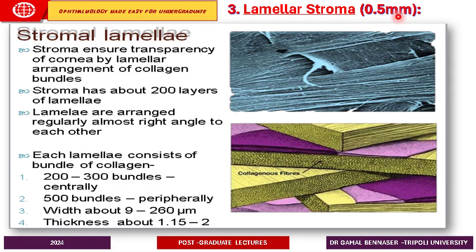And these lamellae of the stroma, which number around 200, are made up of bundles of collagen, around 200 to 300 bundles of the collagens. And these bundles of the collagens are much more in the periphery as compared to the center.